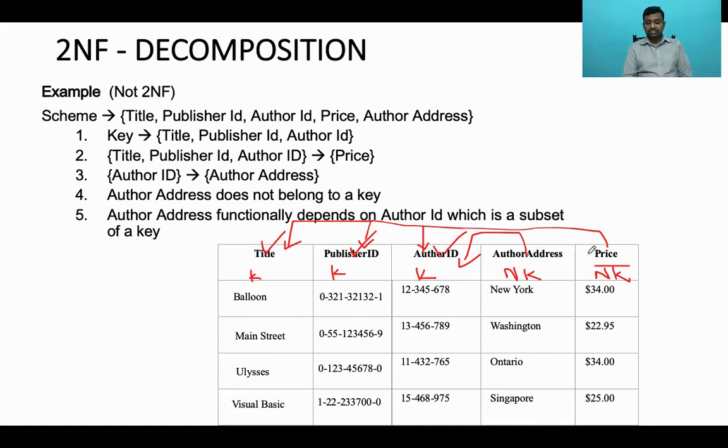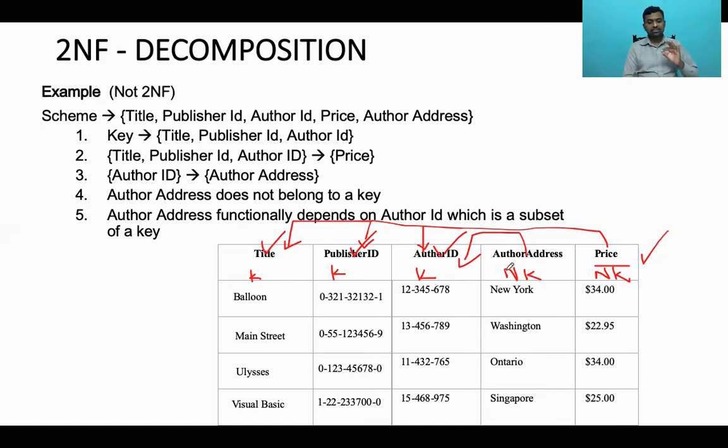Now when I say price, no problem, it is fully functionally dependent on title, fully functionally dependent on publisher ID, and fully functionally dependent on author ID. This is qualified. Now for the other non-key attribute, author address, it is fully functionally dependent on author ID, yes, good. Is it fully dependent on publisher ID?